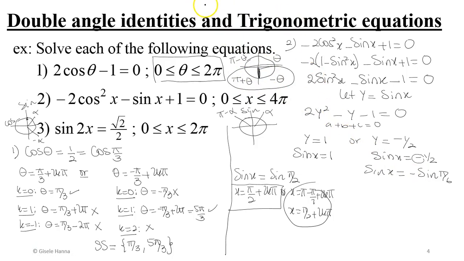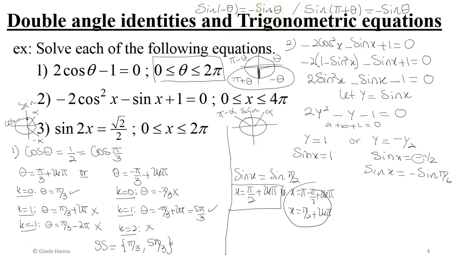So if you remember these identities, sine of negative theta is negative sine theta, and sine of pi plus theta is negative sine theta. So I could replace negative sine of pi over 6 by either sine of pi plus pi over 6 or sine of negative pi over 6.